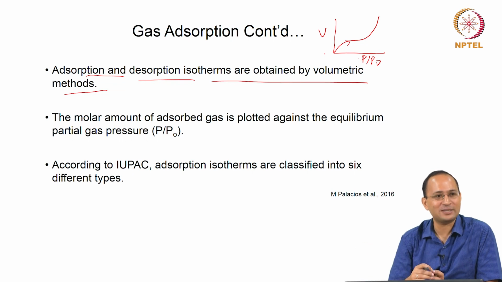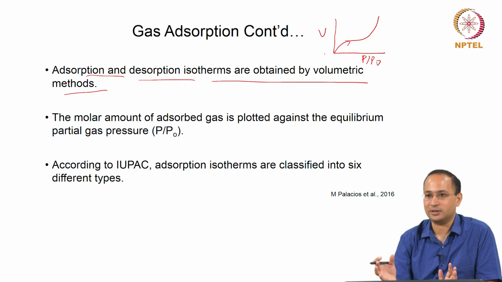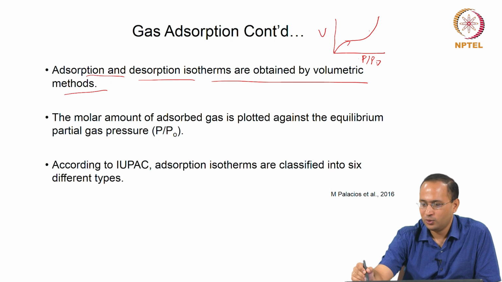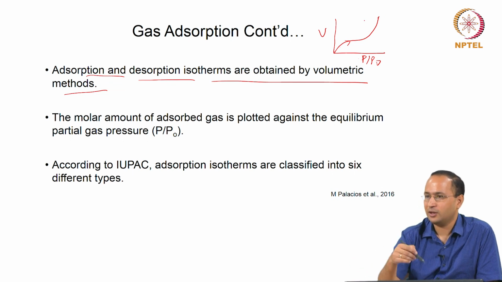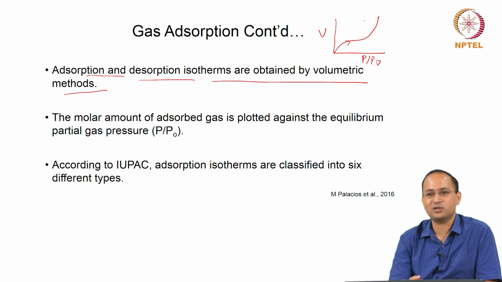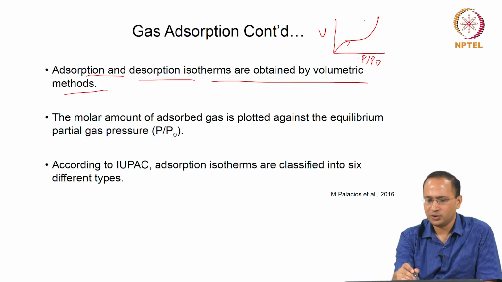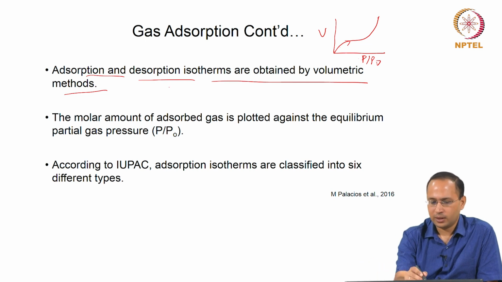If you go to 100% relative humidity, it means saturation, complete saturation. Similar concept, here we are talking about pressure. And then you can remove the adsorbed gas and get the desorption branch. So these are the isotherms. We will come back to it, so you will know more.